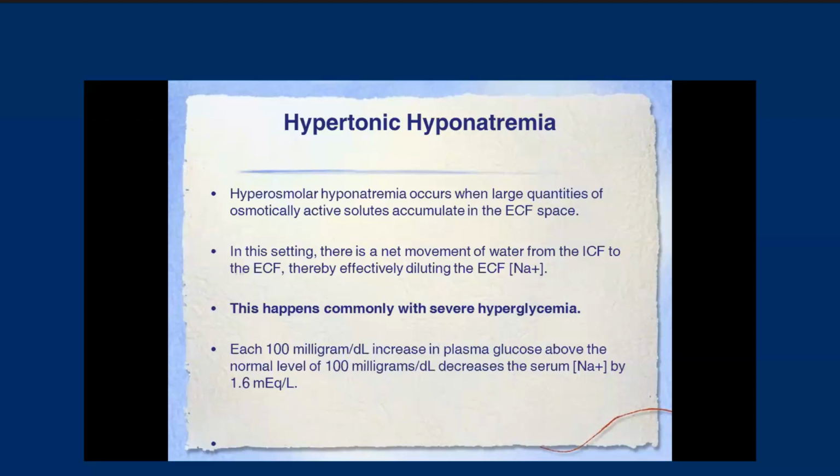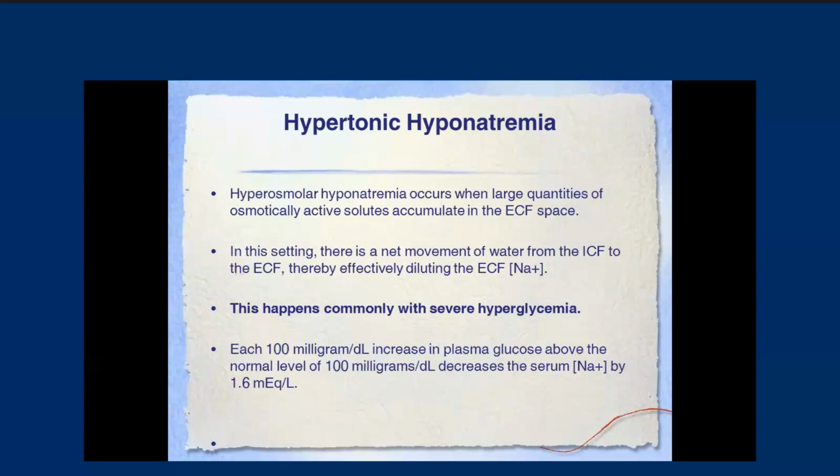That means we need to add 1.6 milliequivalents for each 100 milligram per deciliter increment in glucose above 100 milligram per deciliter. So we can calculate the actual sodium level by using the above formula.